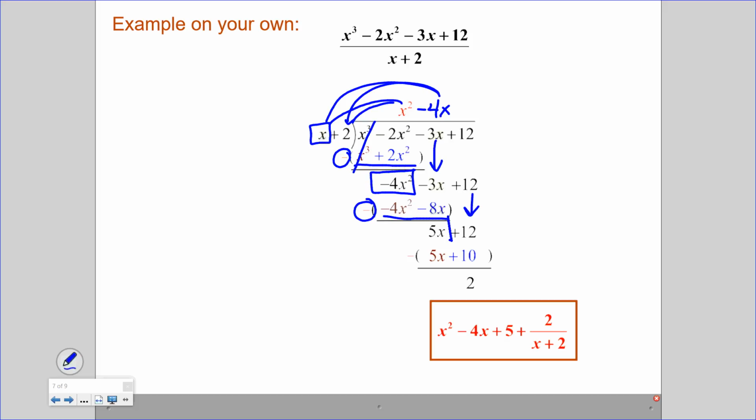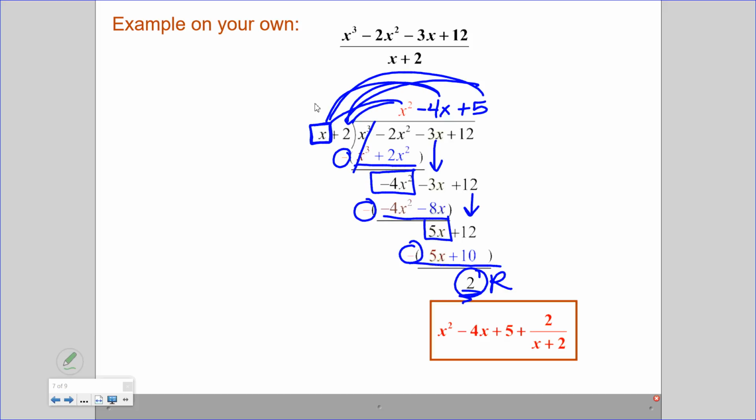And still we divide first term here by first term on the outside. 5x divided by x is just 5. It's positive. Now multiply 5 by everything outside to get 5x plus 10. And we subtract to get 12 minus 10 is 2, which is our remainder, because the 2 will not divide by the x on the outside.